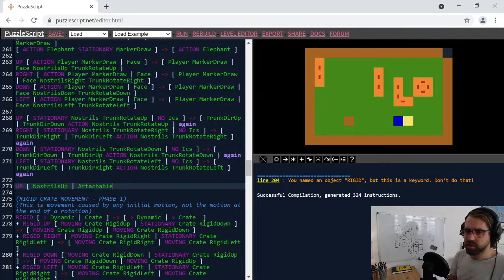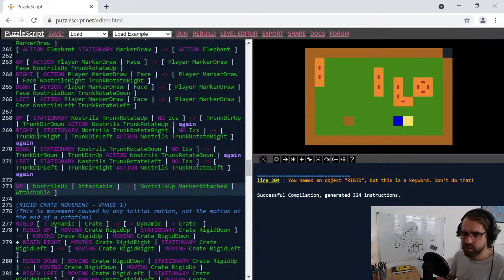If there's an attachable, it's just going to be this simple, right? Nostrils did have directions, though. Oh no, I do use action nostrils here. Okay, that's why I didn't. Okay, whatever, it's fine. Nostrils up, stuck, attachable, stuck, attached. Attached? Marker attached. Attachable. Okay, that in every direction.